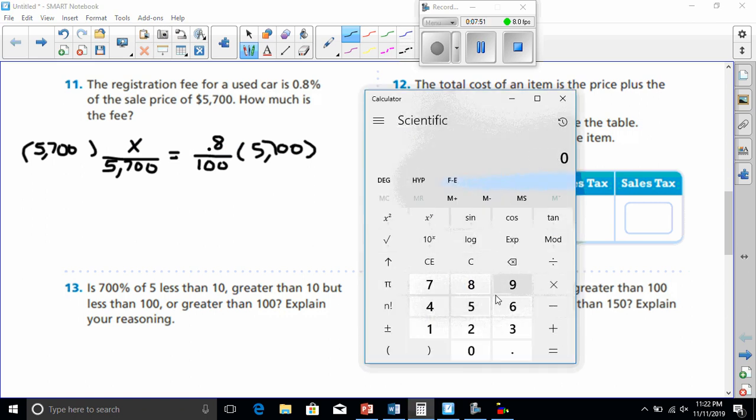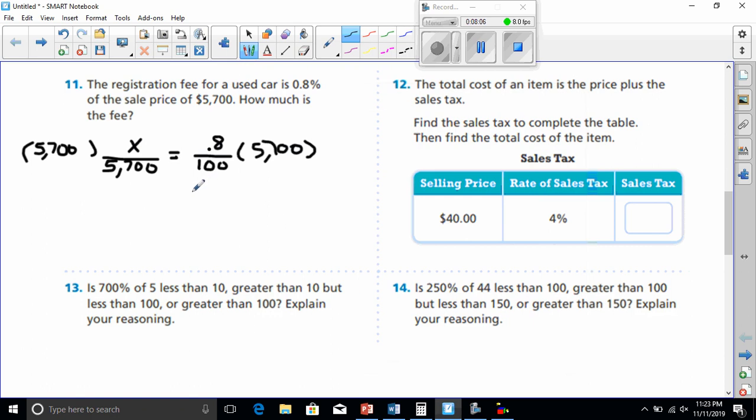So let's do that. 5,700 multiplied by 0.8 will give me 4,560. So I'm going to have 4,560 over 100. So I multiply these two and I have to divide by 100. That's what x is going to equal.